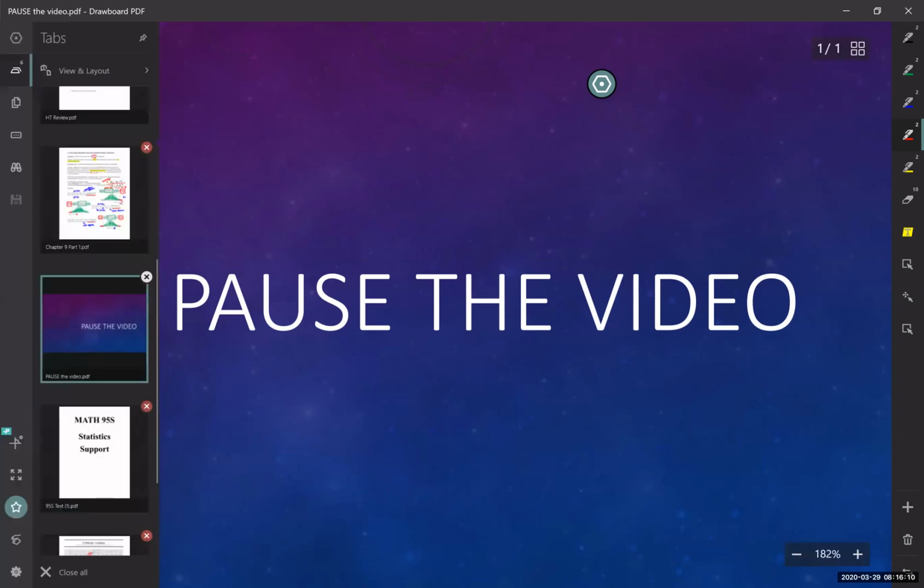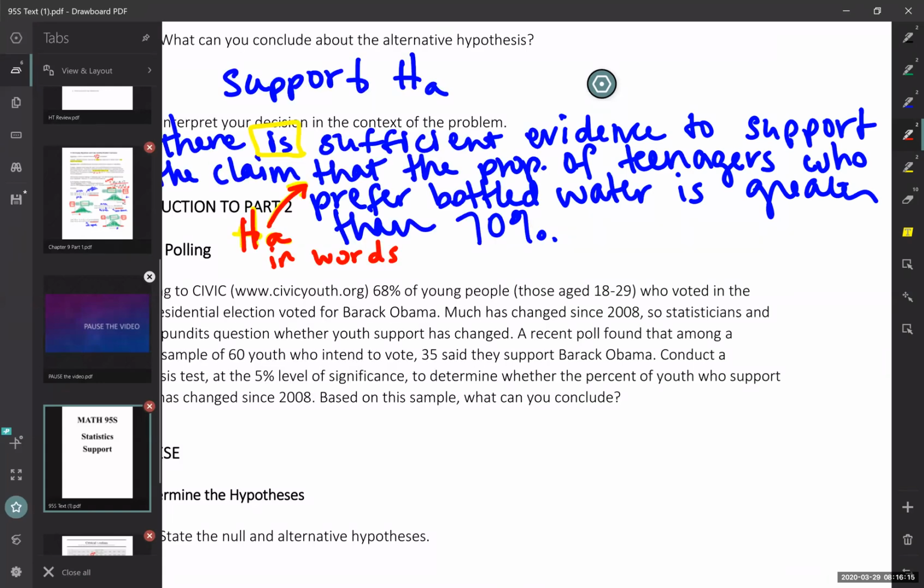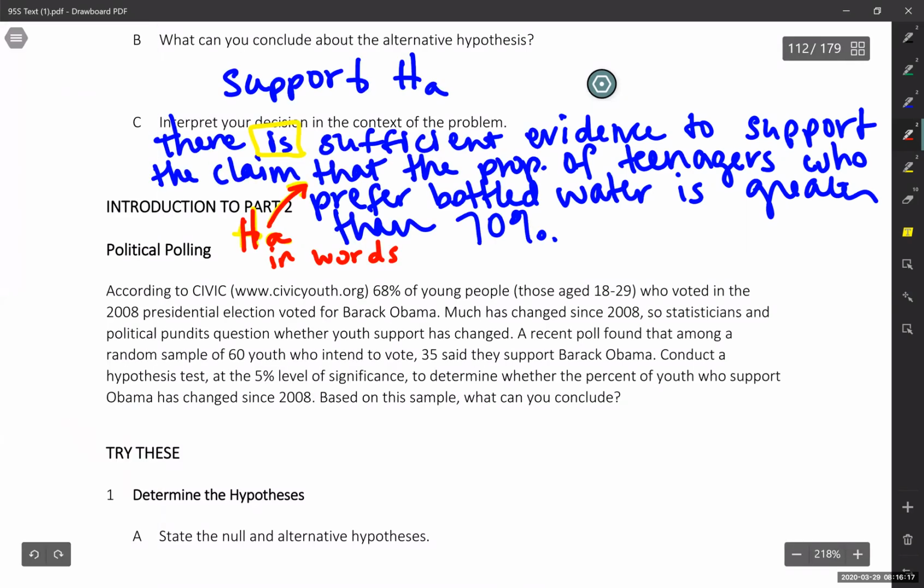Okay, and we are back. And here we have the political polling. And of course, the very first thing I would do, if I wasn't in this section, is determine if this was a proportion or a means problem. But it doesn't take us very long. According to Civic, 68%, okay, 60%. I'm feeling like this is a proportion problem.